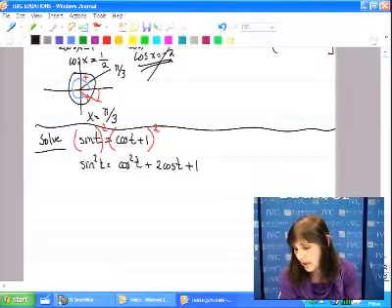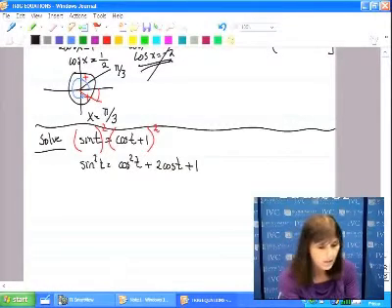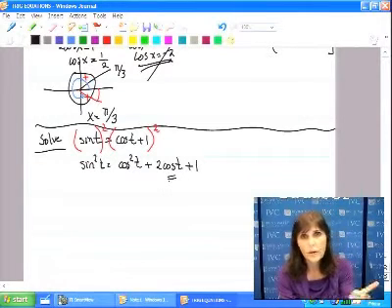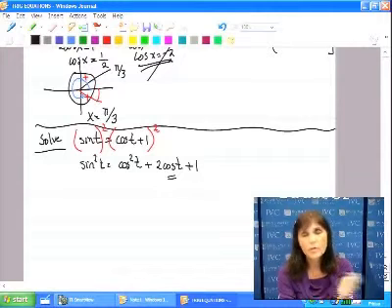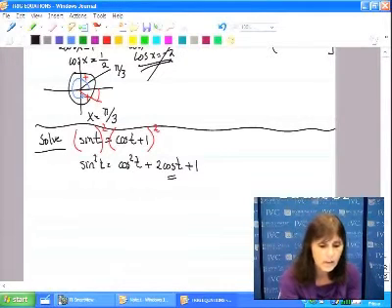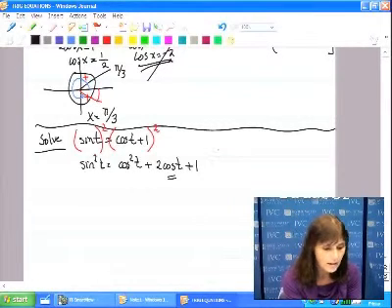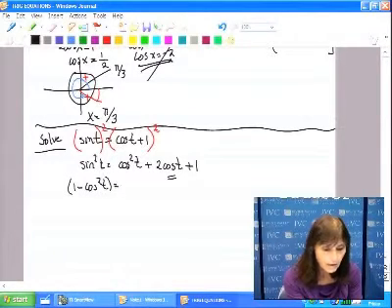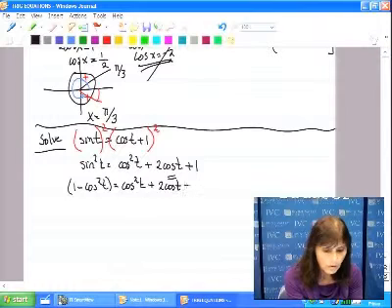Let's look at this. I have sine square and cosine square, and I have a cosine. So it is better to go all to cosine, and I know how cosine and sine squares are related. Sine square is 1 minus cosine square, and then you have cosine square t plus 2 cosine t plus 1.